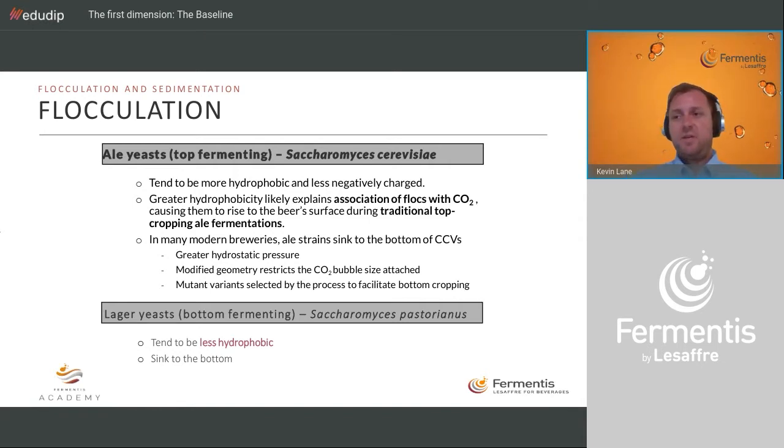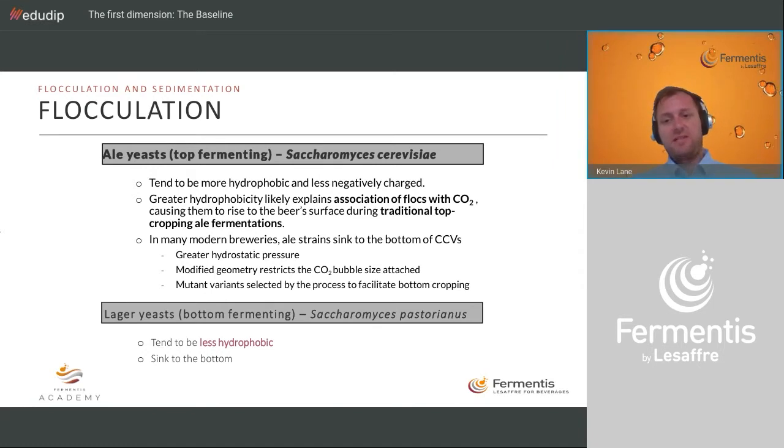So when breweries would collect and harvest and repitch constantly, they were selecting for a certain trait, and that then continued forward. And then when yeast companies like Fermentis or any of the other companies stepped in and started producing these for a larger group of breweries, those were the variants that we had, because that's what was being cropped in the fermenter.